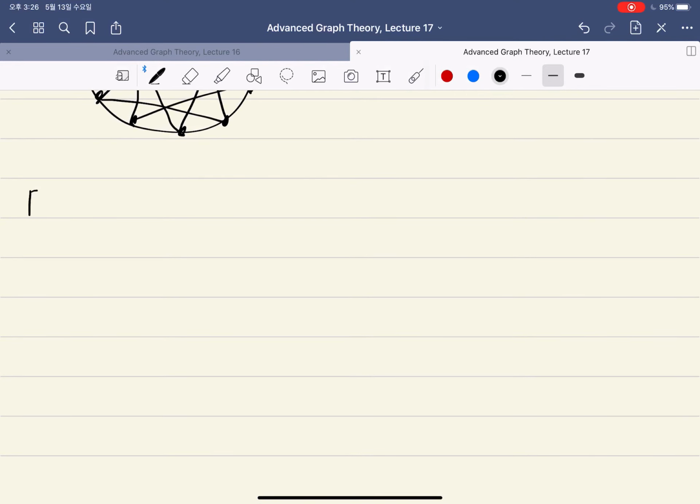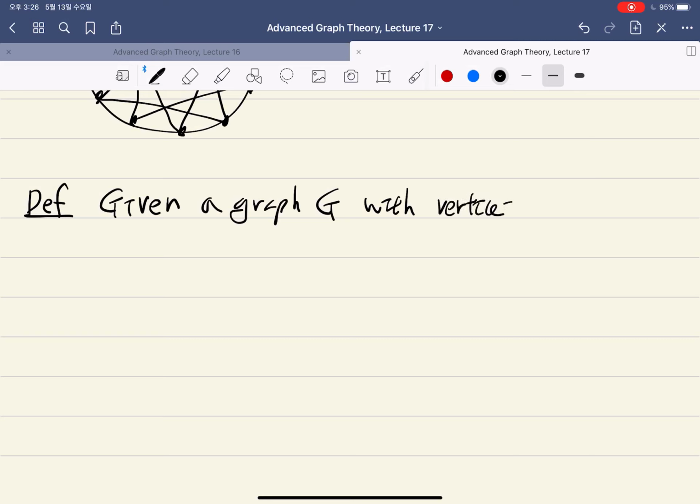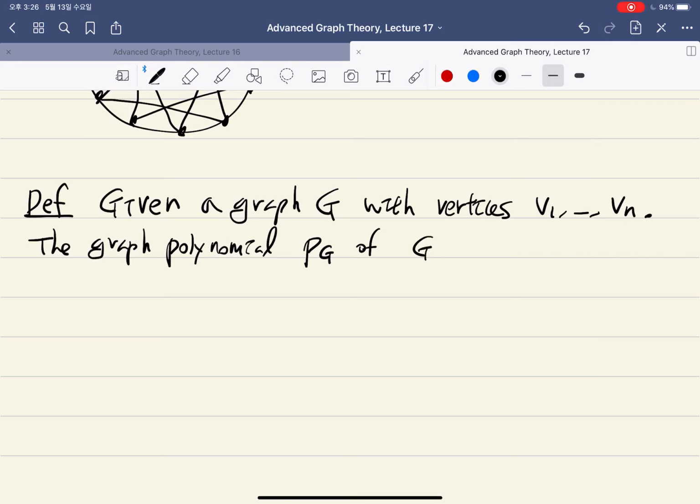For that, we need to first define the graph polynomial. Given a graph G with vertices v1 to, say, vn, we consider the graph polynomial, say P sub G, defined by the following.